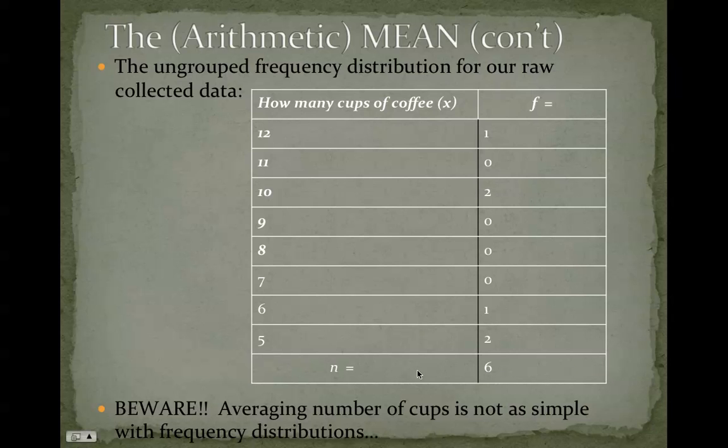Again, my total sample size is 6, and my total sample size of 6 is the total frequency. So one thing I want to point out to you here is that if you notice in my frequency distribution, I've actually listed out categories of coffee here, for example, 11 and 9, 8, and 7, which actually have a frequency of 0.